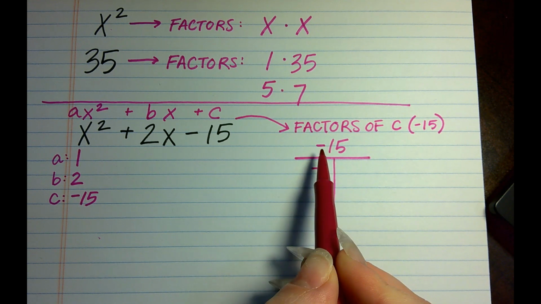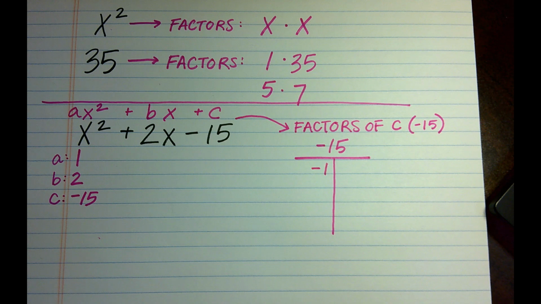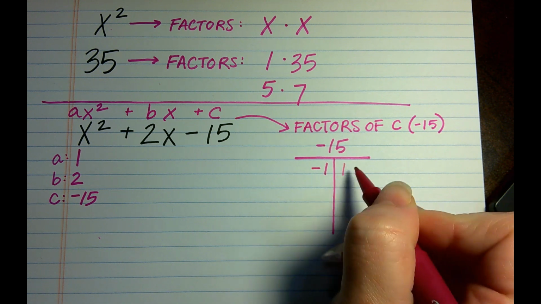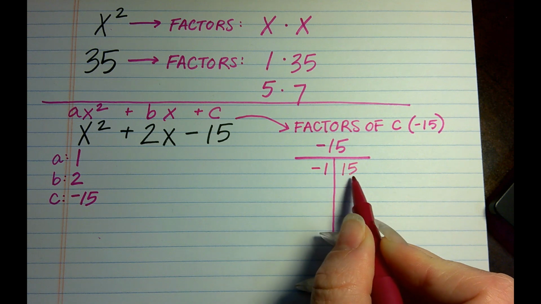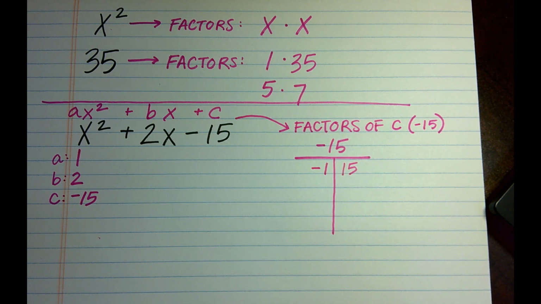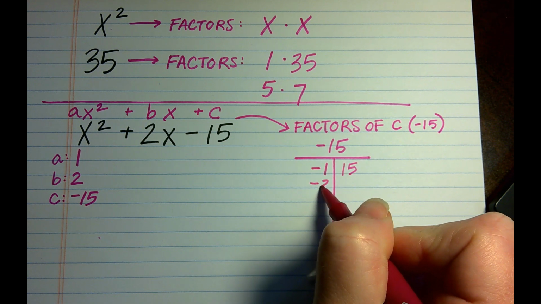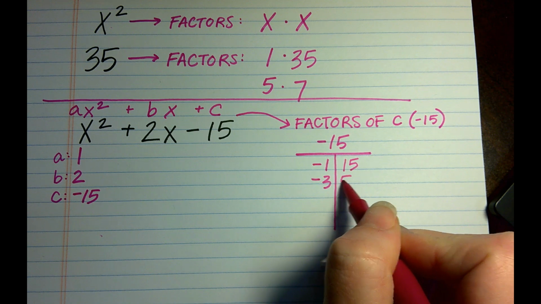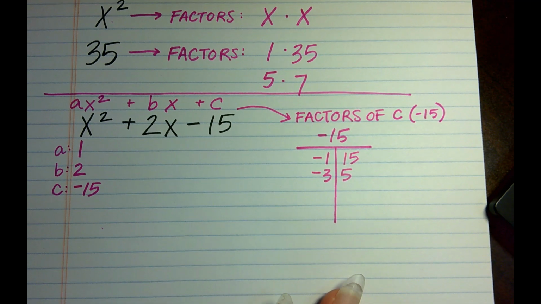Negative 1 times what makes negative 15? So negative 1 and positive 15, when I multiply them, they give me negative 15. Can I do negative 2? Can I do negative 3? Yes, negative 3 times what? 5. So here's where I'm listing my factors.